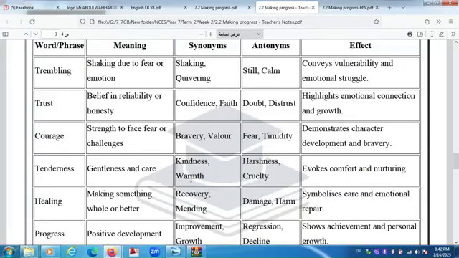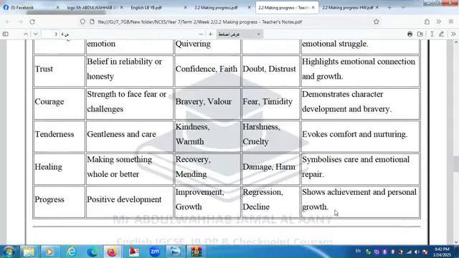Synonyms: kind, warm. Antonyms: harsh, cruel. The effect of using tenderness is to evoke comfort and nurturing. Healing: to make something whole or better, to heal, to recover, to mend. The antonym: to damage or to harm. And the effect is to symbolize care and emotional repair.